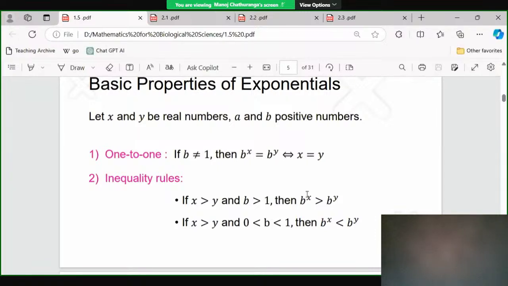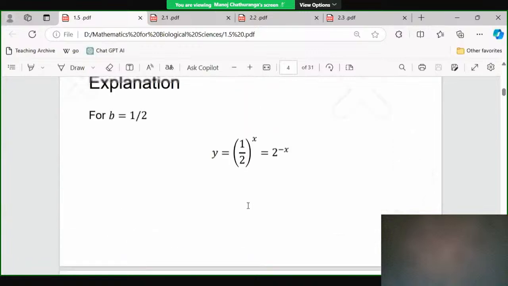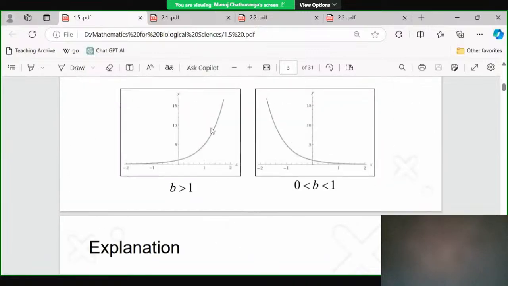And we have inequality rules. So the first inequality rule says, think about b bigger than 1. So if b is bigger than 1, we should look at the left-hand side graph. Take any x value you like, then take some other y value bigger than x. For that x, you get a small power. When you raise b to the power x, you get a smaller value.